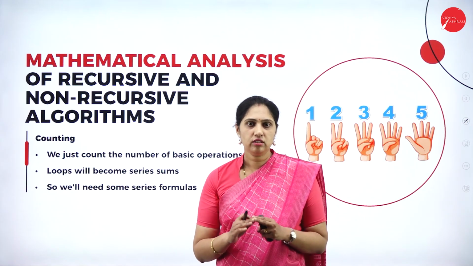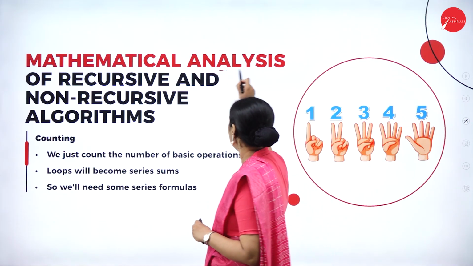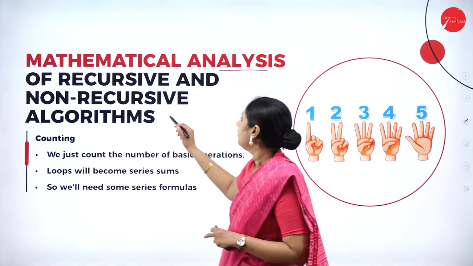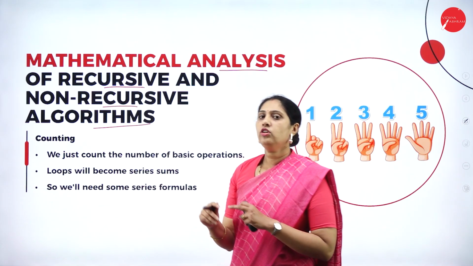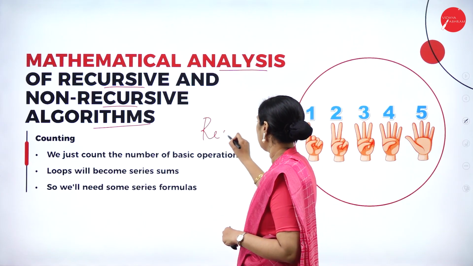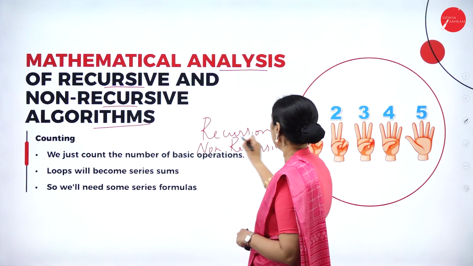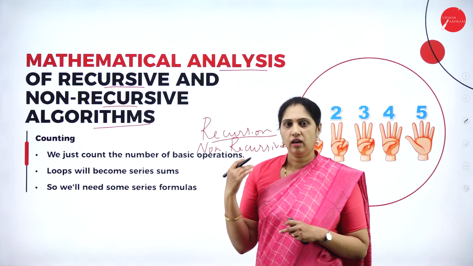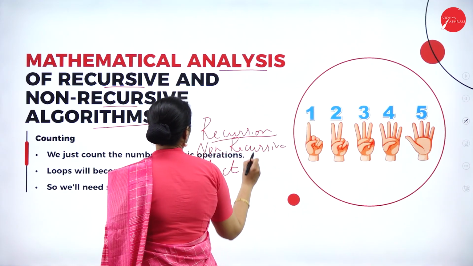So when we finish this notation, now we discuss the mathematical analysis. First, we'll discuss recursive and non-recursive algorithms. For both, we should first know what recursion is, and what non-recursive is. Recursion, as we already discussed, is when a function calls itself. The very first example I already used is factorial.